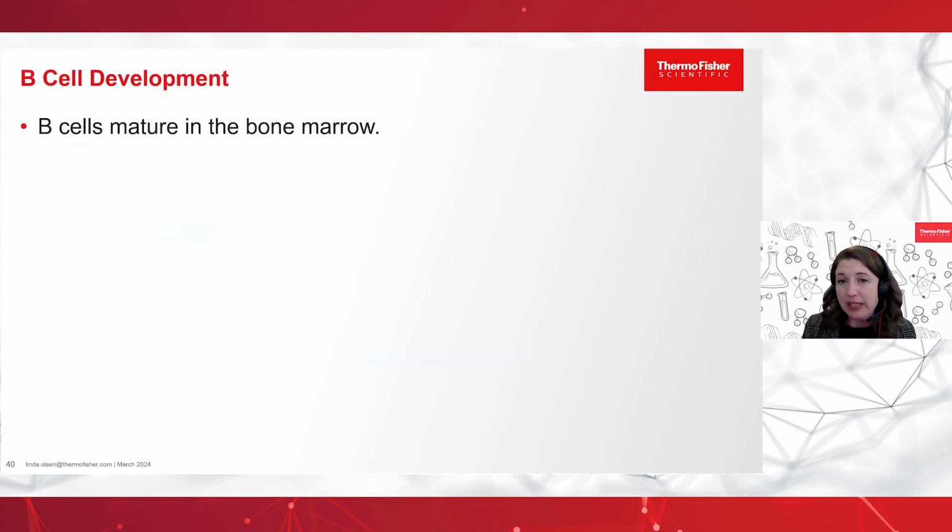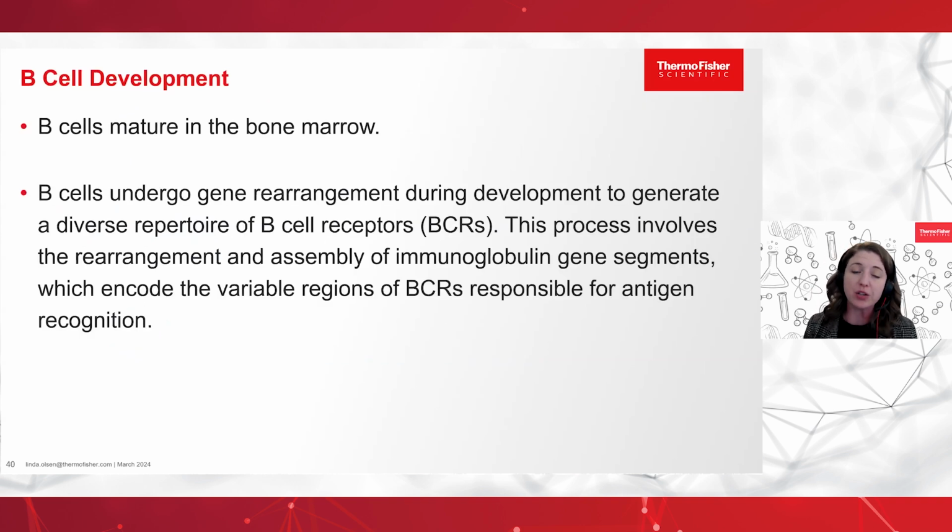B cells mature in the bone marrow and they undergo a similar gene rearrangement as T cells to create a diverse repertoire of B cell receptors. So there is a rearrangement and assembly of immunoglobulin gene segments, which encode the variable regions of BCRs responsible for antigen recognition.